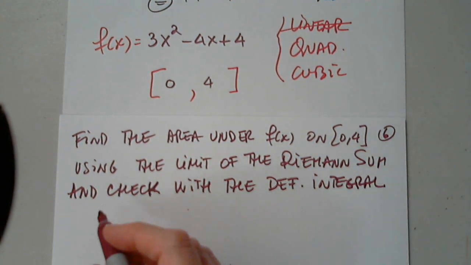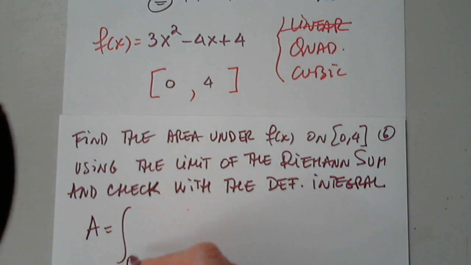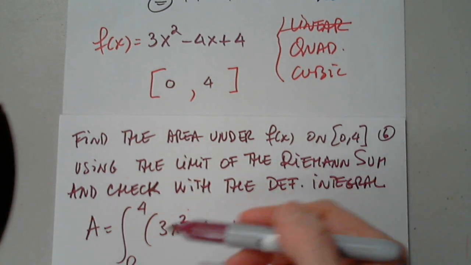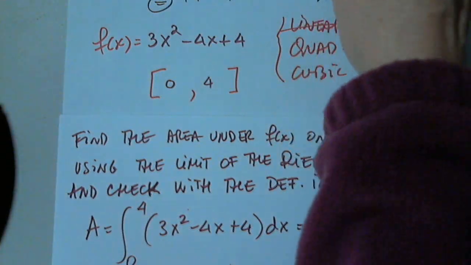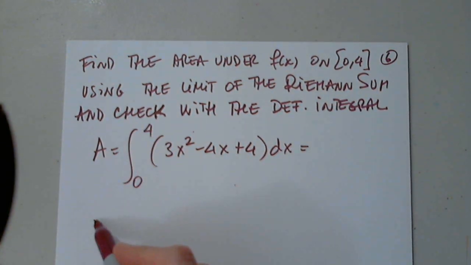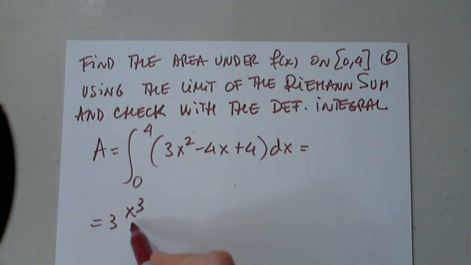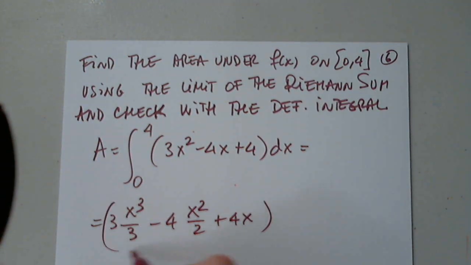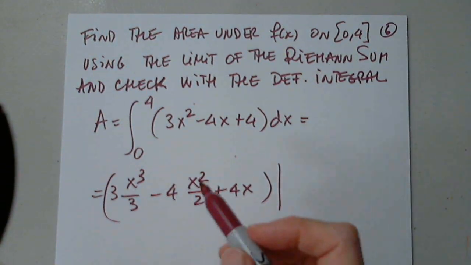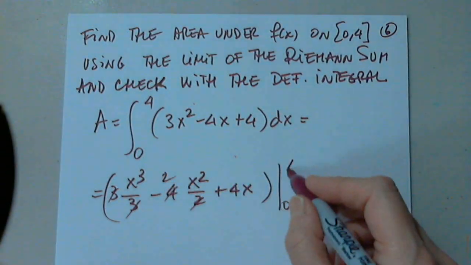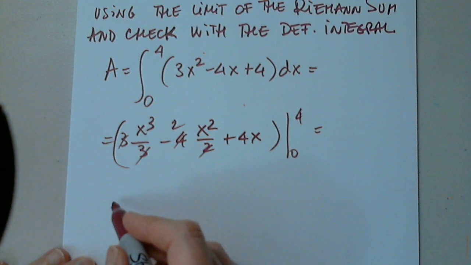I'm going to do this first because this is the easiest thing to do. The order doesn't matter. You choose the order. As long as both are there, it doesn't matter. So 3x to the third over 3 minus 4x squared over 2 plus 4x, and we simplify. From 0 to 4, luckily I only have to plug in 4.